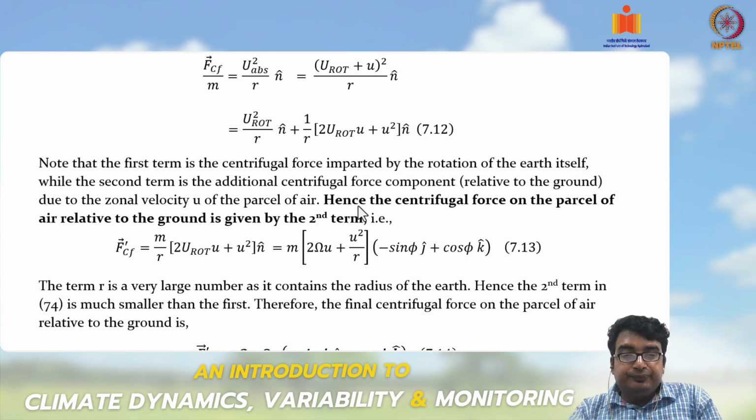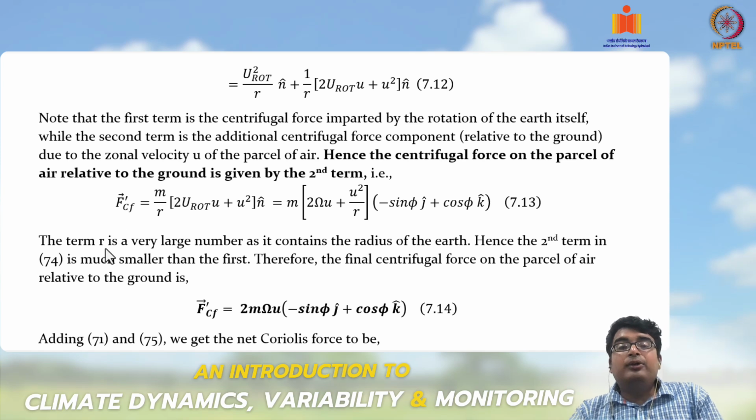So the centrifugal force relative to the ground we call F prime CF is m into this term here. What is u rotation? Omega into r. So 1 by r into (twice omega r u plus u square), and n hat is minus sine phi j plus cos phi k. Clear? Now the r is again the radius of the earth, which is very large, so this second term can be neglected.